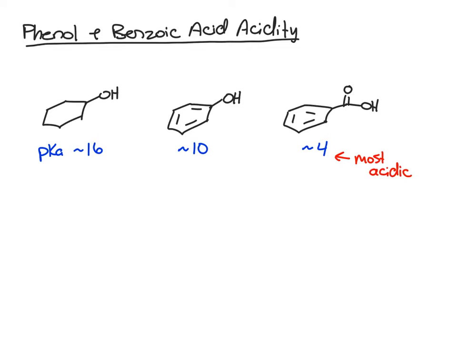And also, hopefully you remember from Organic 1 that acidity trends can really be rationalized by conjugate base stability. So for all of these, if you react with a base, the base will come up here and take the proton, and then we get, just put a lone pair on the base.